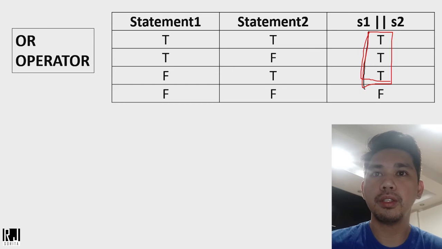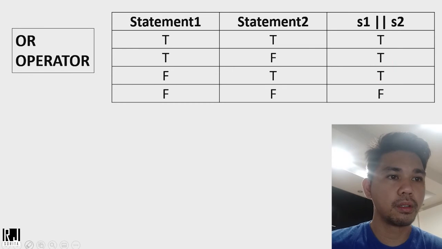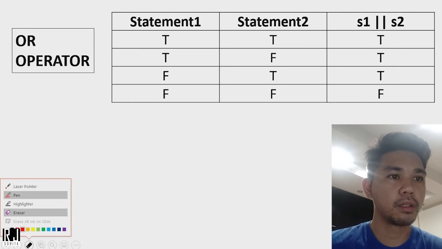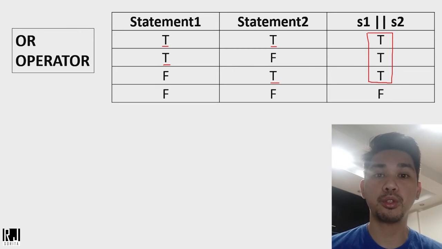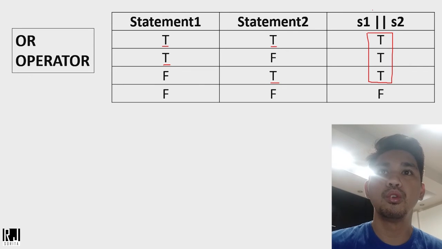So if there is at least one statement which is true, the whole statement must be true. It is denoted by the symbol of 2 vertical lines.